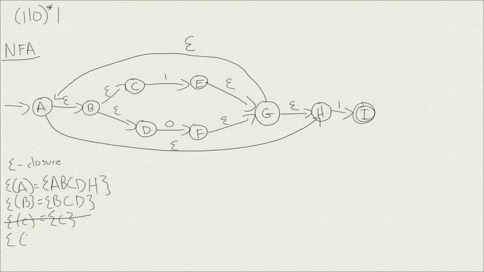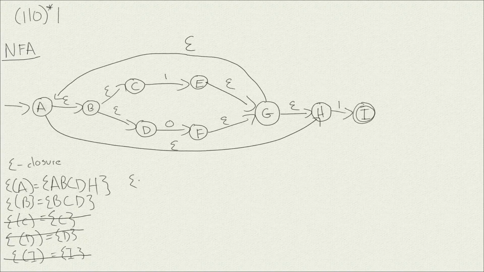Epsilon of D would be the same thing. With epsilon, it can only go to itself. We ignore that. Let me skip a few states, E, F, G, and go to I. Epsilon of I also can't go anywhere but to itself, so we scratch that out.